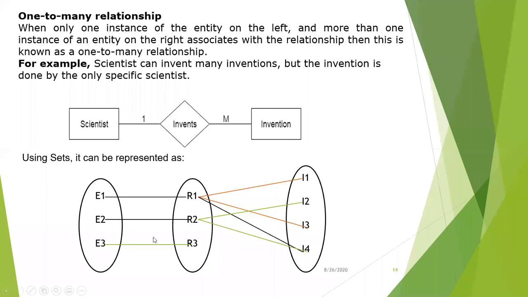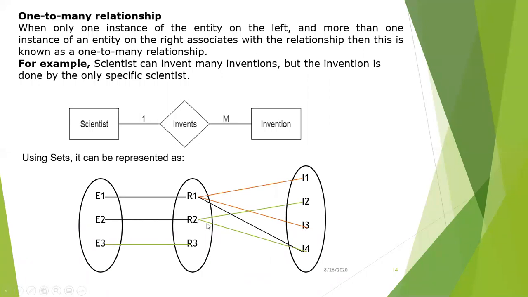Here you can try to understand the mathematical representation. E1, entity 1, you can think of as either a scientist or a professor. You can take professor or lecturer. Lecturer 1 publishes how many papers? Paper 1 and paper 3, two papers.